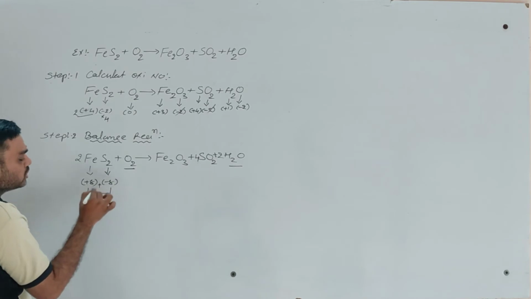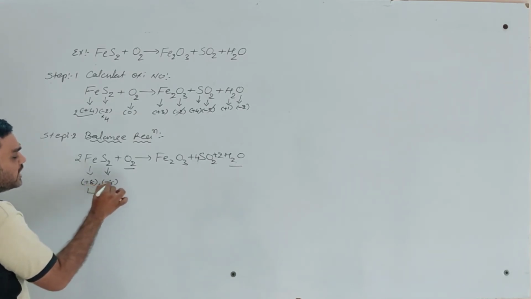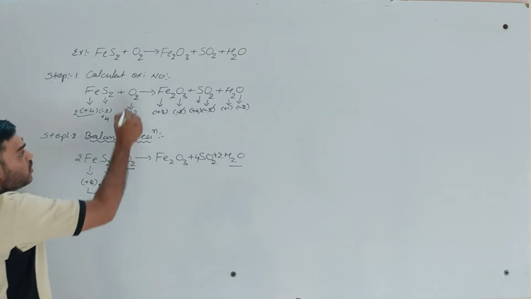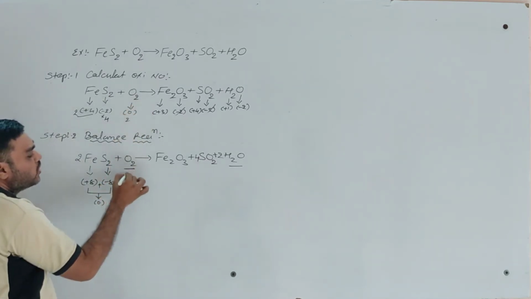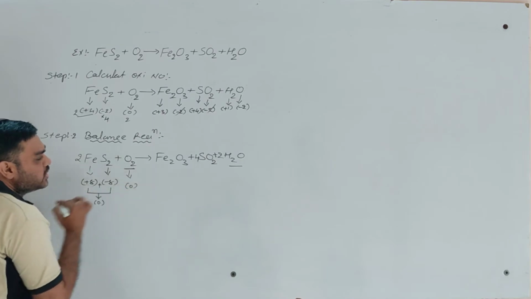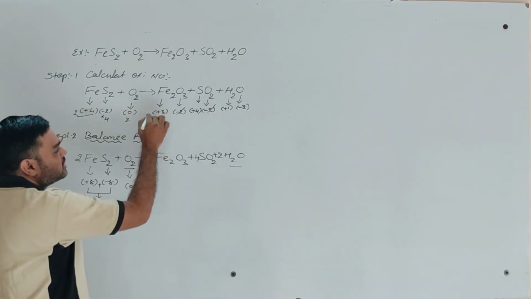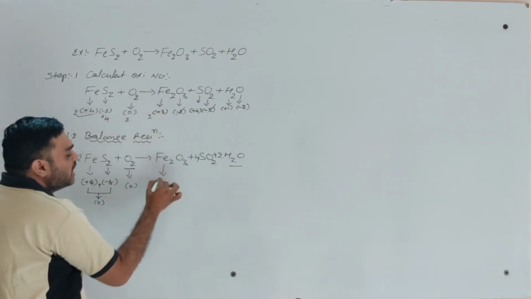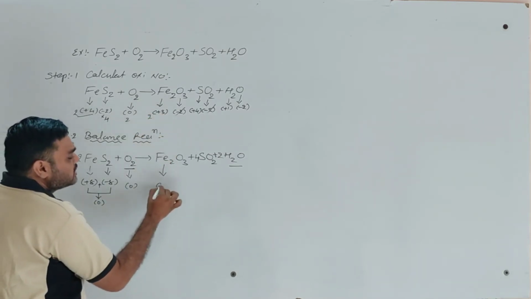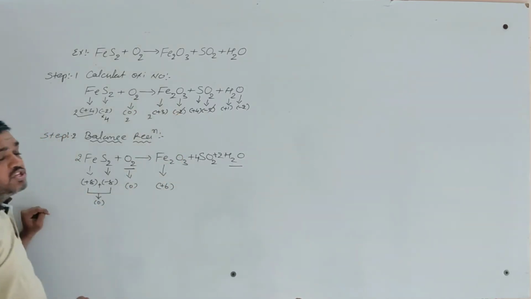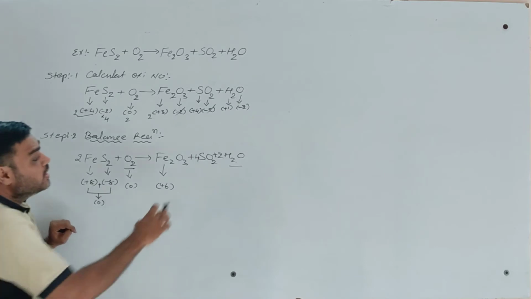Addition of both, you will obtain plus 8 minus 8. Total change or total oxidation number of this compound becomes 0. Now 2 multiplied with 0, you will obtain 0 only. Now that 2 Fe, so plus 3 multiplied with 2, then you obtain plus 6. Oxygen is a spectator ion with no change in oxidation number, remove it.